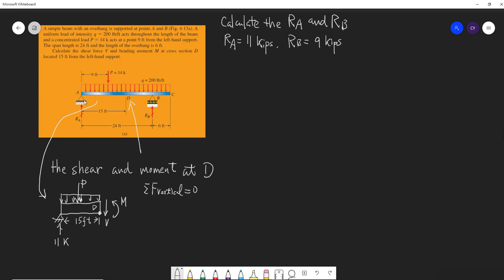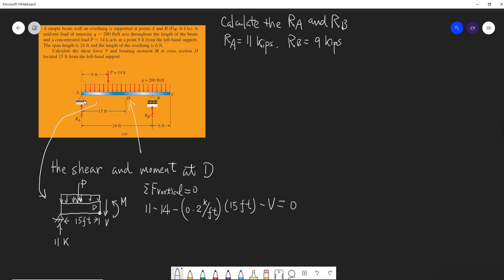So we will calculate 11 minus 14, and minus 0.2 kip per foot uniform load, you need to multiply by 15 feet, minus shear force is equal to 0.